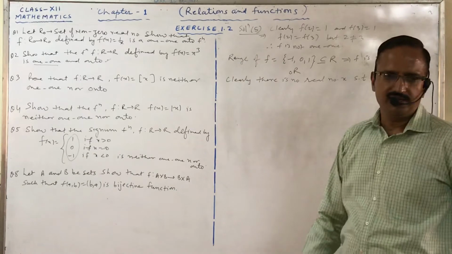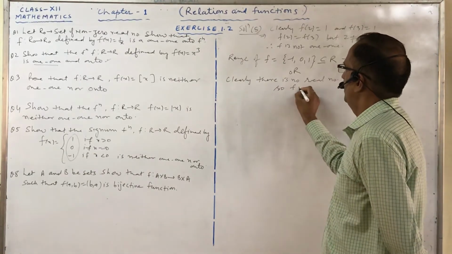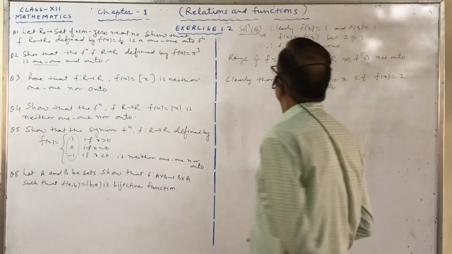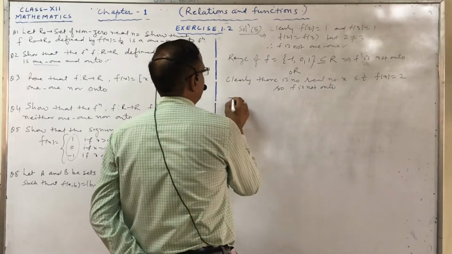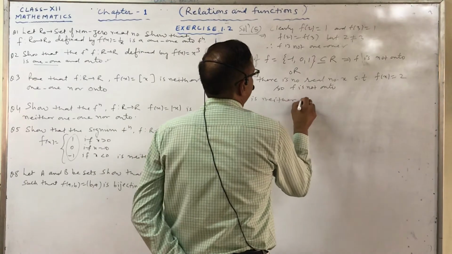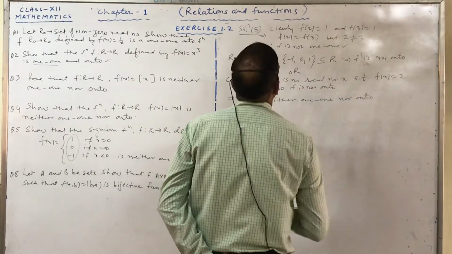This implies that f is not onto. So it is not one-one, not onto. This implies that f is neither one-one nor onto.